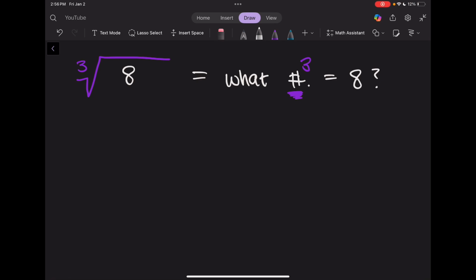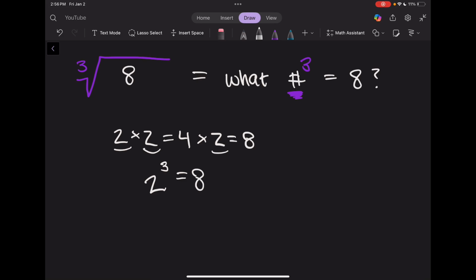But it has to be raised to the third power. So I know that 2 times 2 is 4, and 4 times 2 is 8. So 2 to the third power equals 8. So the cube root of 8, which is what we're doing over here, is 2. This number, the number that we find, is our answer.